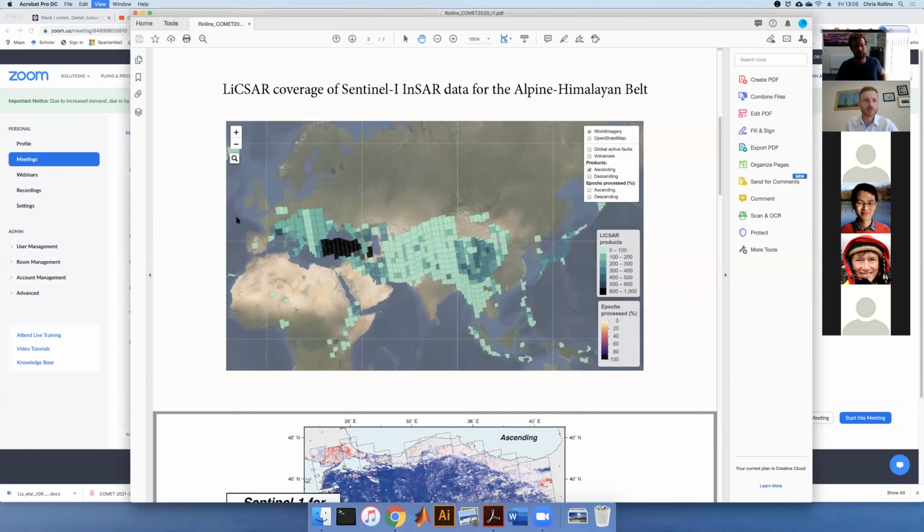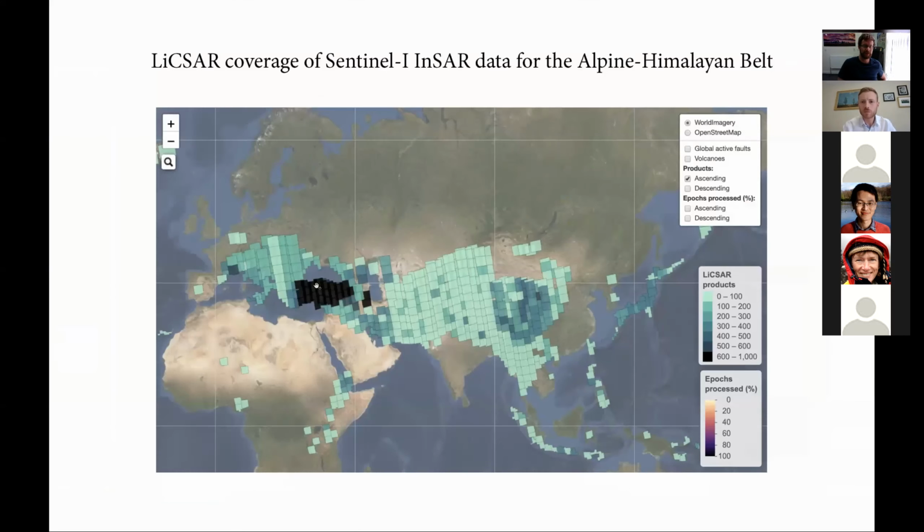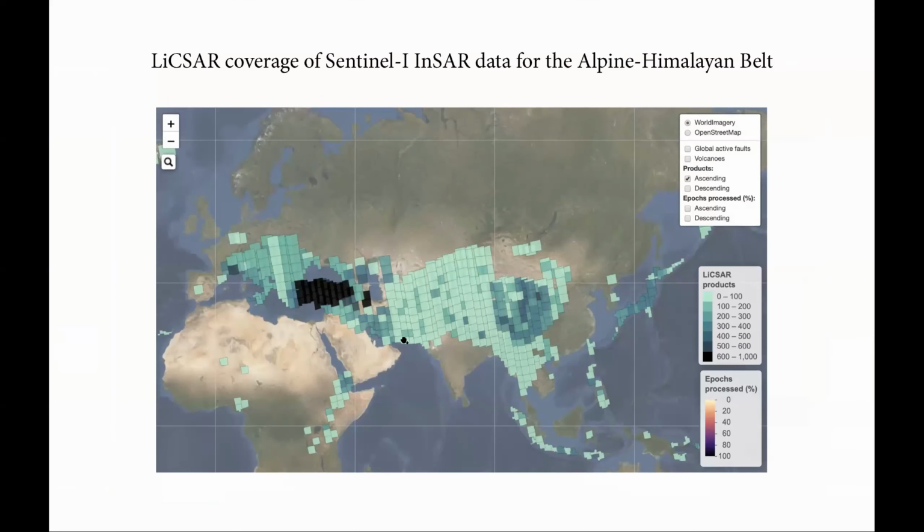So this black region here on the left is our area of current best coverage, and this is in Anatolia. This is the Alpine Himalaya belt, which runs from southern Europe to Southeast Asia.